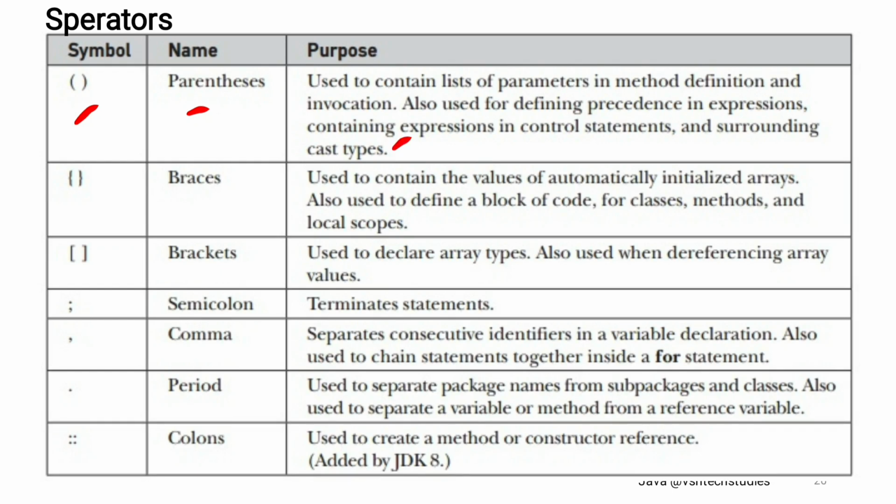Then braces, or flower brackets, are used to contain the values of automatically initialized arrays. So while declaring, to initialize also, these flower brackets are used. What is initialization? Giving or assigning the value at the time of declaration is called initialization.